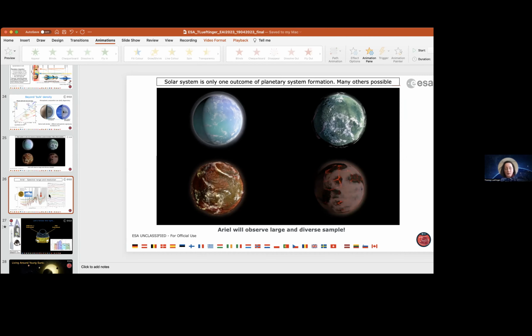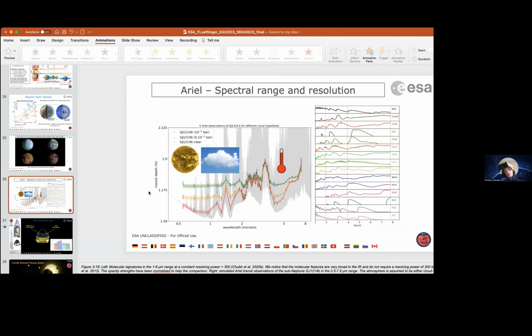In addition, we also can, or we will, and that's a graph to show you how the spectra might look in the end, and also to show you how different physics of the atmosphere are imprinted in the spectra. So I'm showing you here three different curves that are representing different pressure levels. Temperature-pressure gradients are very important measures for a planetary atmosphere.